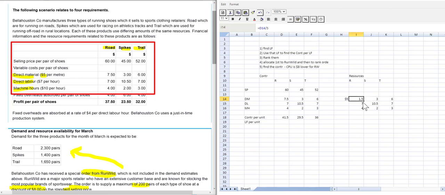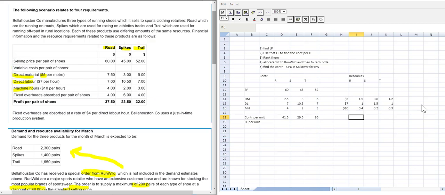And you can obviously copy that for direct materials. Now for direct labour it's $7, so therefore equals 7 divided by. It's best not to use the cell, just put 7 in because you want to be able to copy it across. And for machine hours it's 10. So it's 4 divided by 10 and copy that across. So there you have our resources.